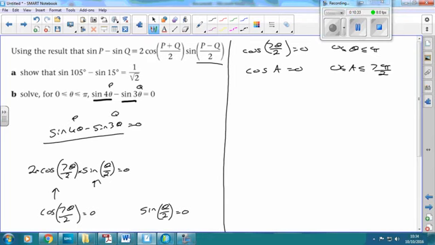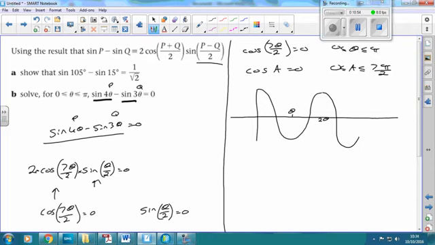Then if we have a look at the cos graph, that's going to be theta, 2 theta, which is going to be 4 theta over 2. So that's going to be 3 theta, which is 6 theta over 2.